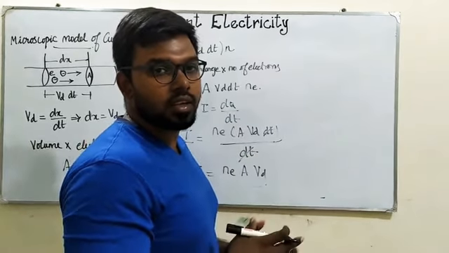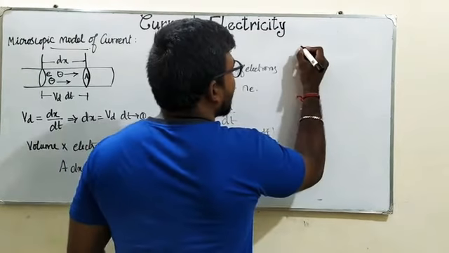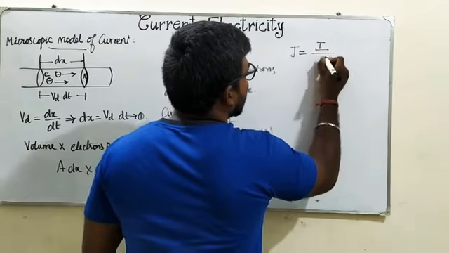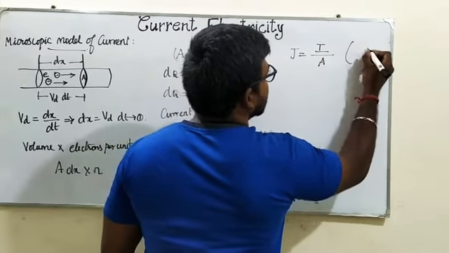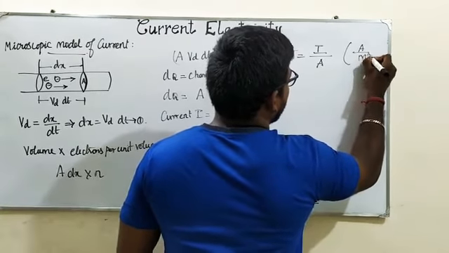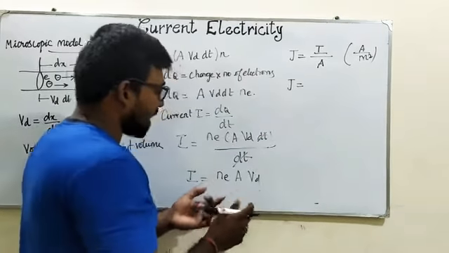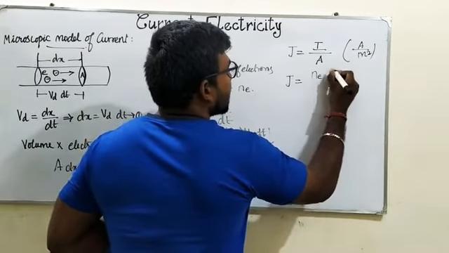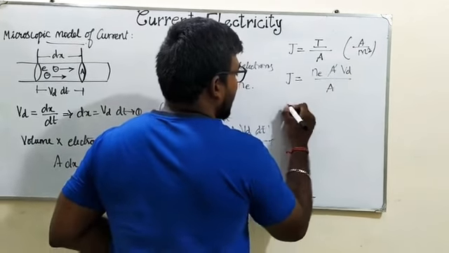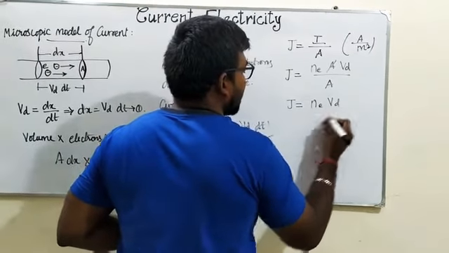Current density is defined as current by area of cross section, which is denoted as J. So J equals I by A, whose SI unit is ampere per metre square. Substituting the values, we know that I is neA Vd, so J equals neA Vd by A. So the current density J equals ne Vd.